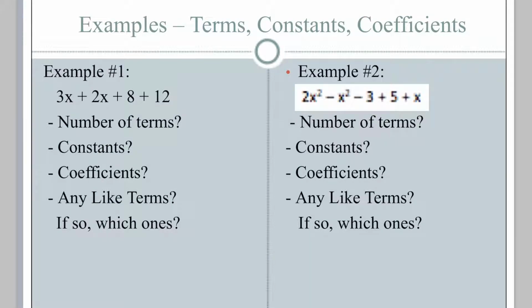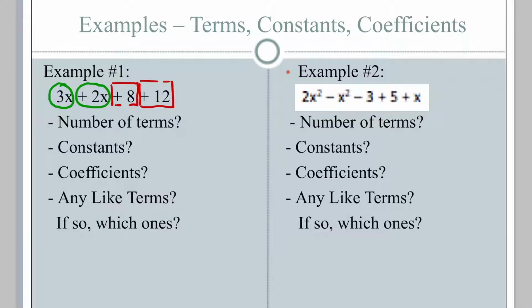A few more examples. Example number 1. Let's look at our number of terms. Once again, let's get in the habit of distinguishing these. There's a 2x, and we have a plus 8, and we have a plus 12, and then we also have a 3x.